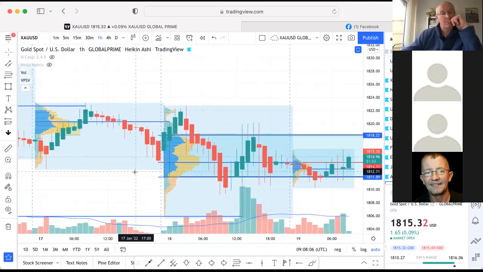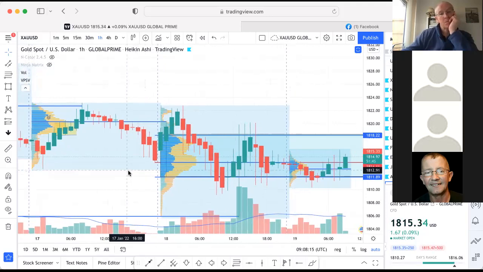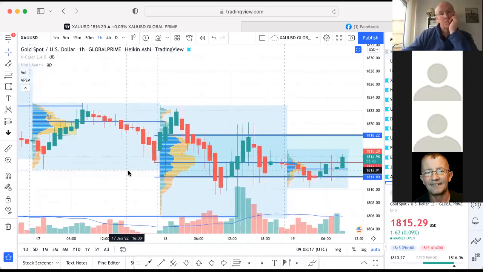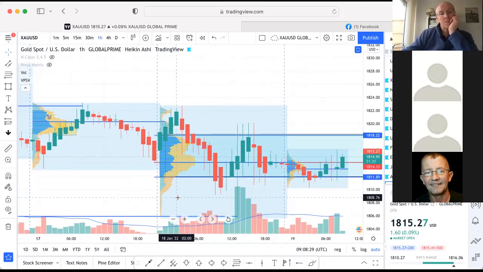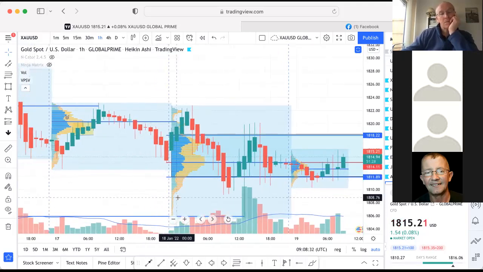Yeah, my personal view on buy stops and sell stops is I've been caught out quite a few times where price has gone down to the point at which I've set a pending order and then reversed. And so I try not to get involved in sell stops and buy stops for that reason.